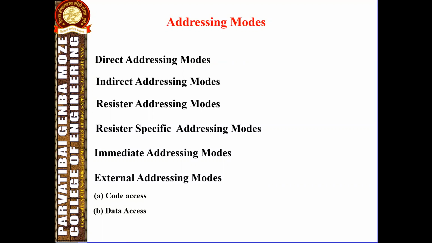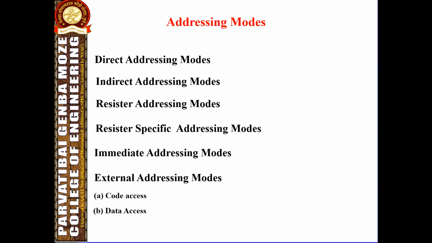There are many addressing modes, but probably five are very important. Those are direct addressing mode, indirect addressing mode, register addressing mode, register specific addressing mode, and immediate addressing mode.